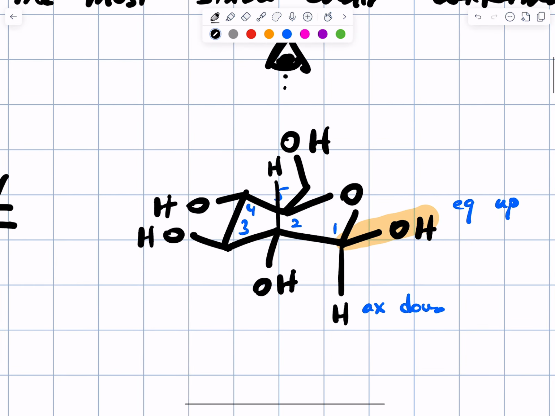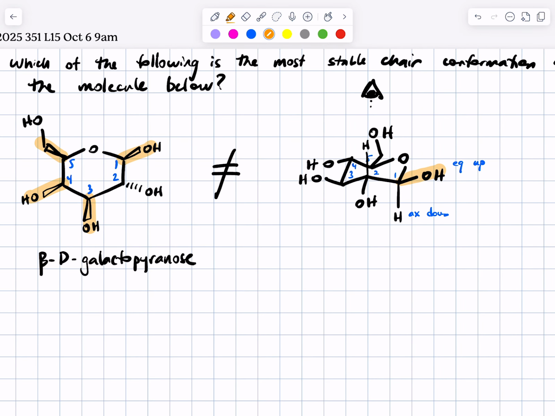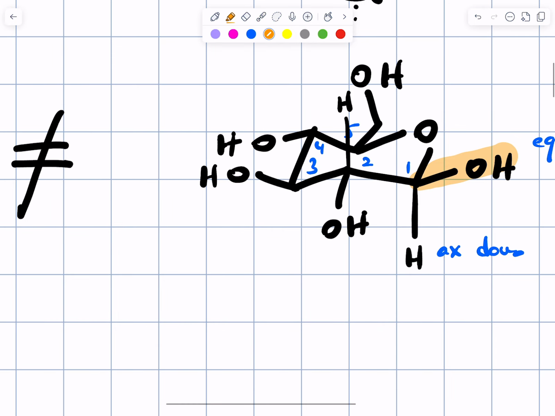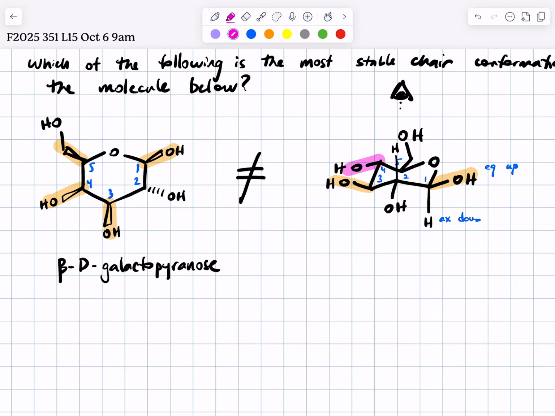So, the other OH groups that were up were on carbon 3. Is that group up? Yep, angled upward. How about 4? No, do you see how that's pointing downward? It's leaning downward. So I'm going to highlight that in pink. Do you see that that's not the same?